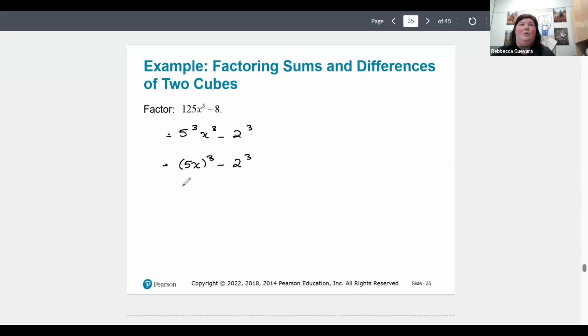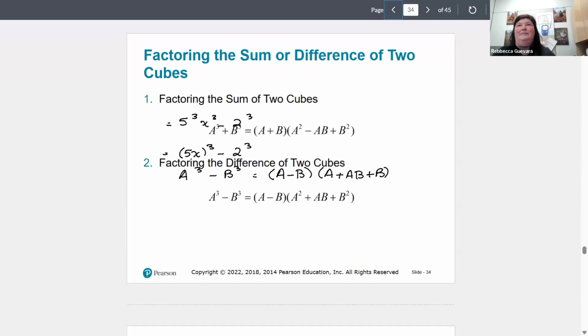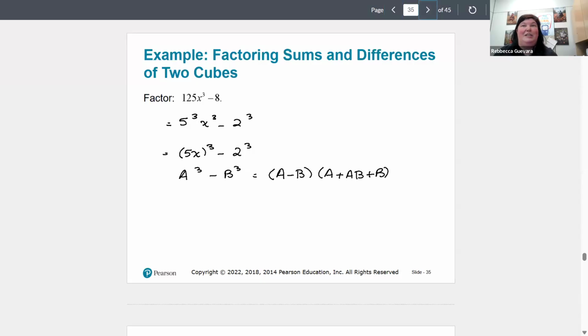So what we had was that a cubed minus b cubed is a minus b times a squared plus ab plus b squared. If you don't believe me, that's a lot to remember. Oops, I forgot my squares. Good thing I did look at that. Square and square.